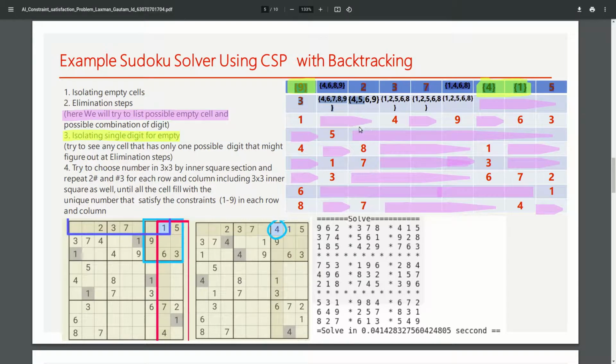Then we repeat for the other remaining 3 by 3 boxes, and we repeat these steps until we fill every empty cell of the given Sudoku with unique numbers between 1 and 9. I'll show you my implementation using Python, with the same algorithm and techniques, in the subsequent video after this presentation.